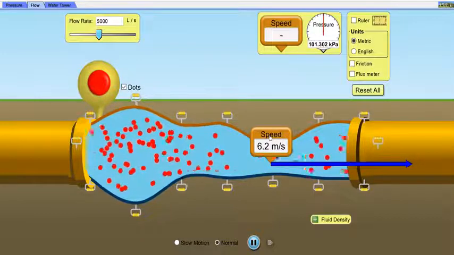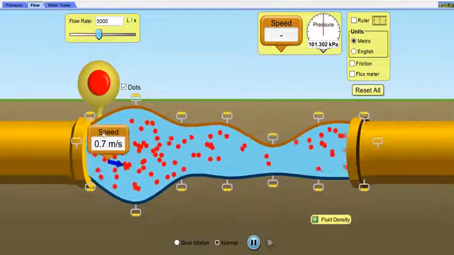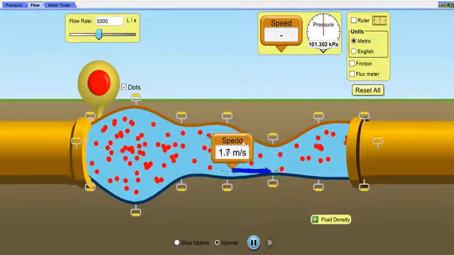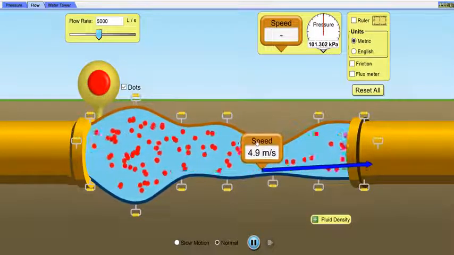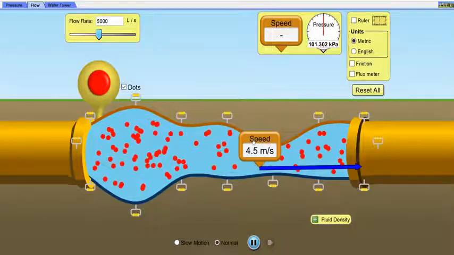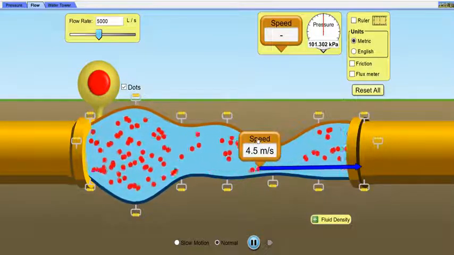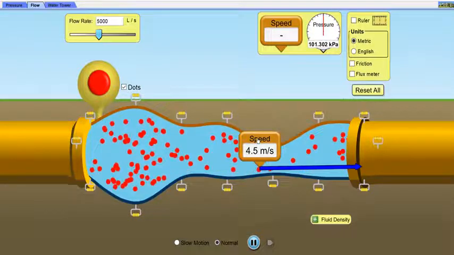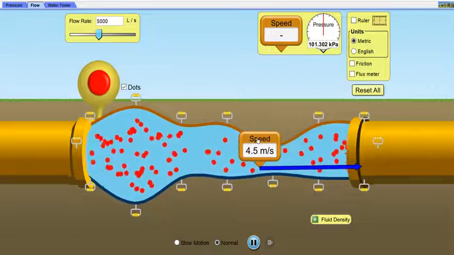This is the law of mass conservation, because the amount of mass that is entering from this end must come out at the other end. So the mass is conserved. If I have larger area for the fluid to flow, then it must flow at lower speed, so that the law of conservation of mass is followed.